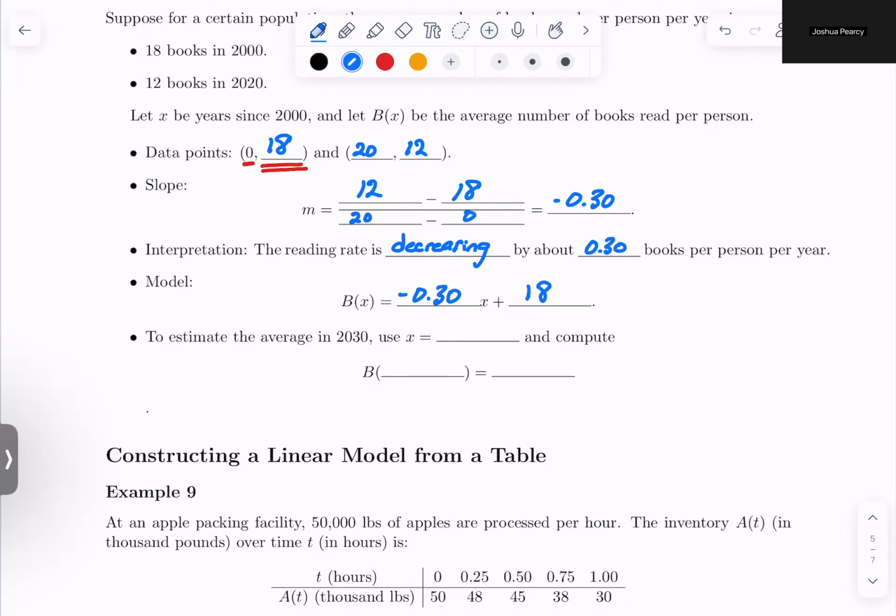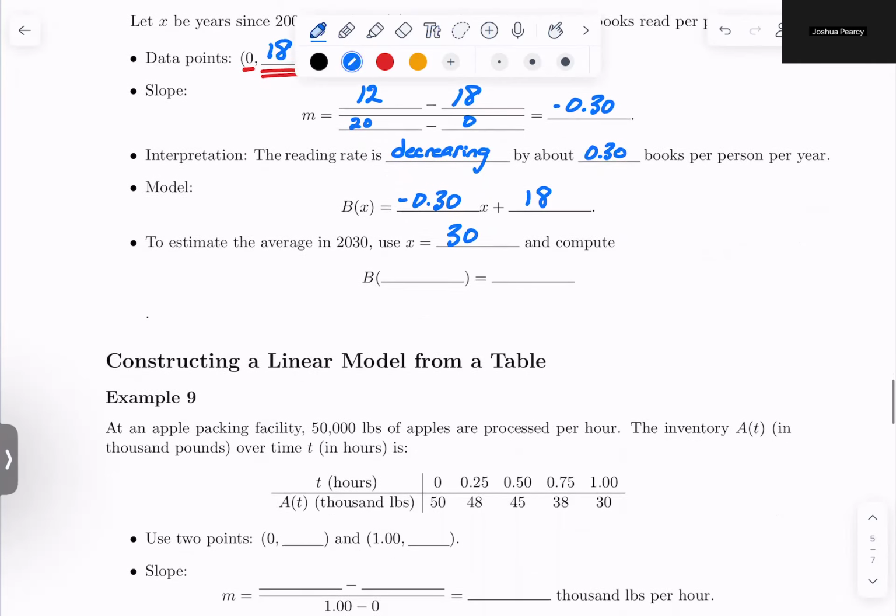So here in the next part, we want to do this prediction piece, right? So here it says to estimate the average in 2030, we use X is. So remember, X is the number of years since 2000. So if I'm in the year 2030, then that's 30 years since 2000. And I want to plug in 30.